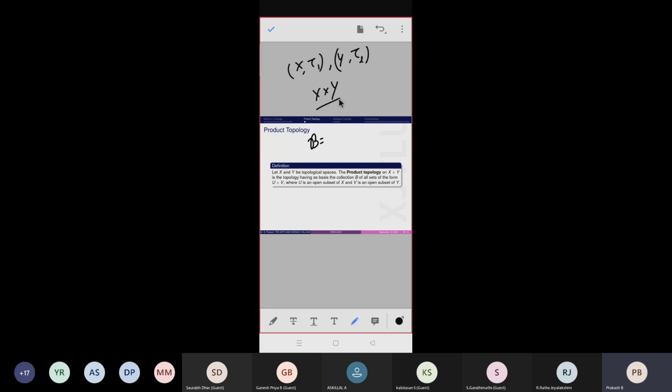It is the collection of all U cross V, where U belongs to tau 1 and V belongs to tau 2, right? So this will satisfy the basis condition. Using this basis, if you generate a topology, that topology is called the product topology for X cross Y. This is the definition of product topology. So in the product topology, the basis elements are U cross V, where U is open in X and V is open in Y.